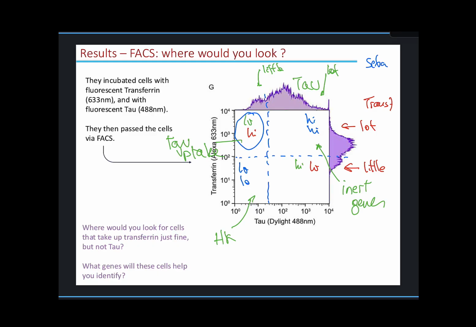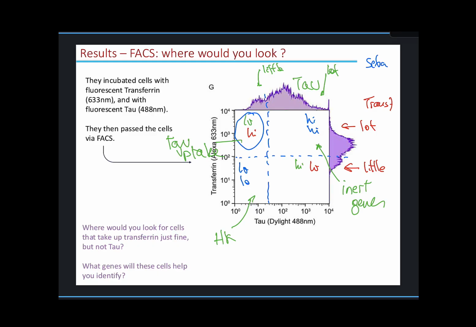So those genes, it's a bit ironic, because we're saying those cells are not taking up tau efficiently, yet we're calling those genes the tau uptake genes, and we're saying the opposite. But remember, those are the genes that were mutated and made the cells end up there. So hence the counterintuition.